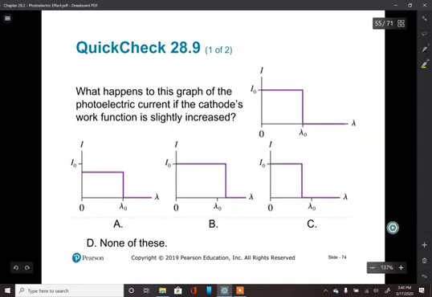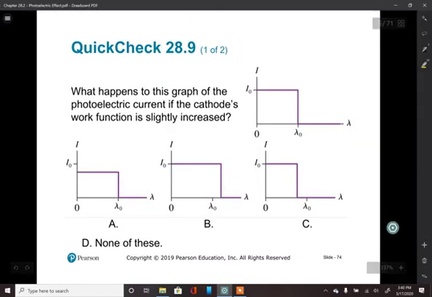Okay, so now we've changed our graph a little bit. This is the current as a function of the wavelength. Sorry, we're looking at the effect of wavelength after a change in the work function. So once again, we're changing the work function, so this explanation is the exact same.